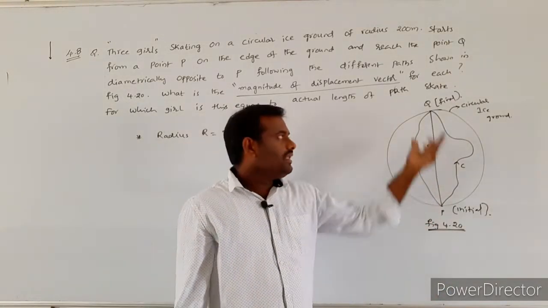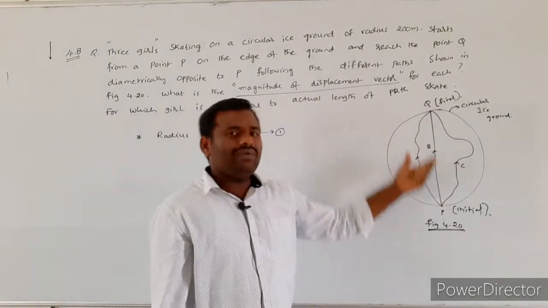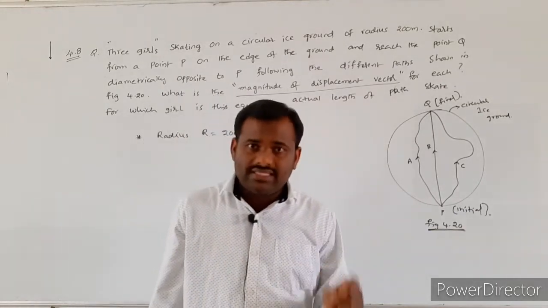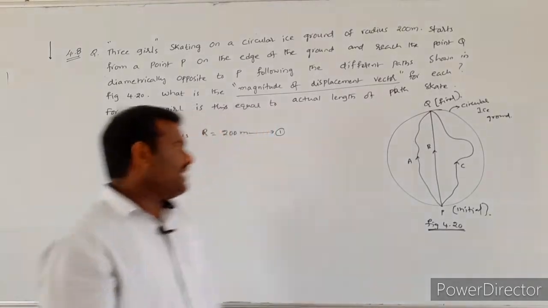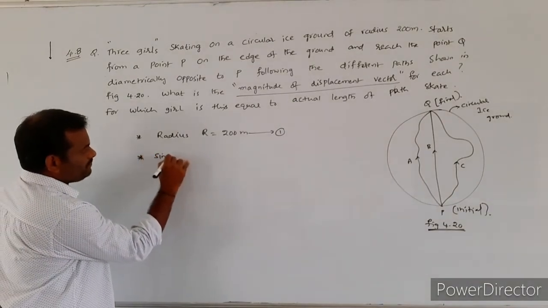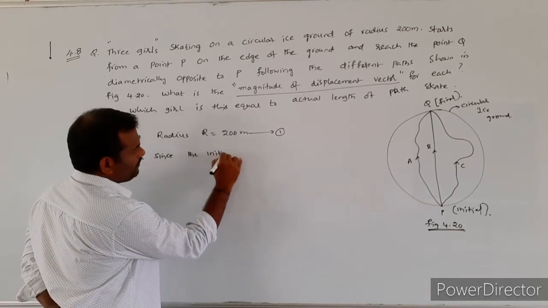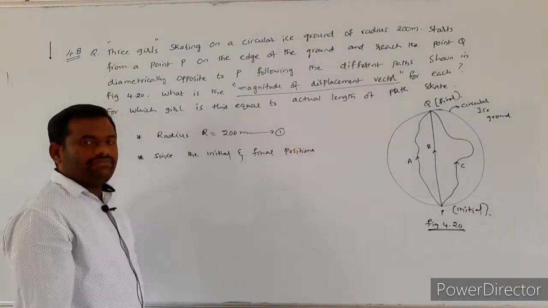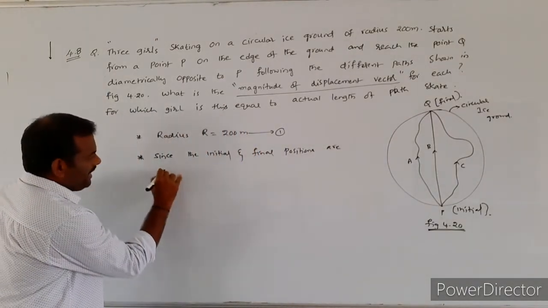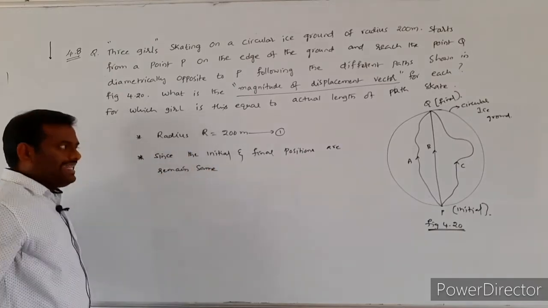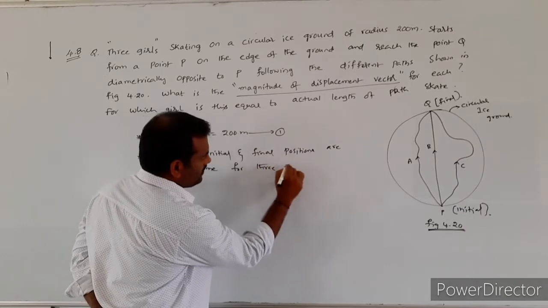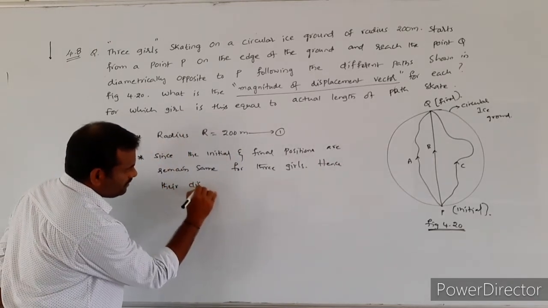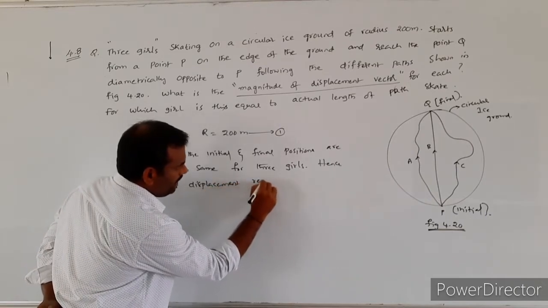So for all three girls, the initial and final points remain the same. Hence, simply, the displacement of each and every girl remains the same.